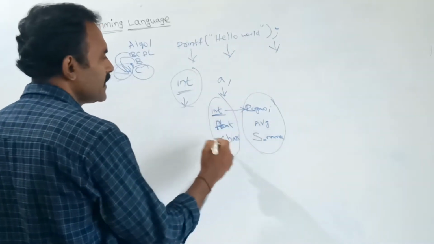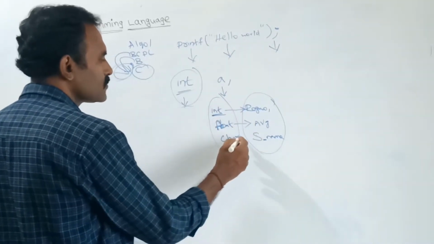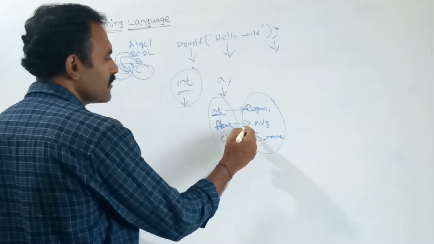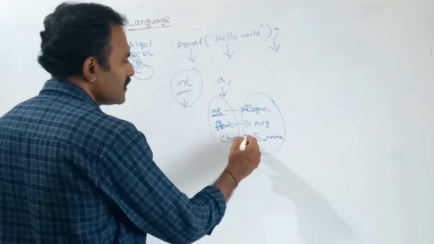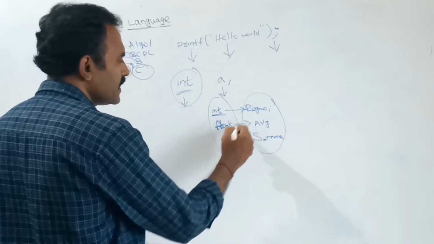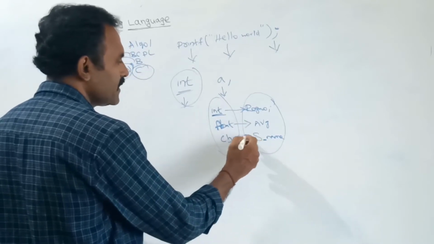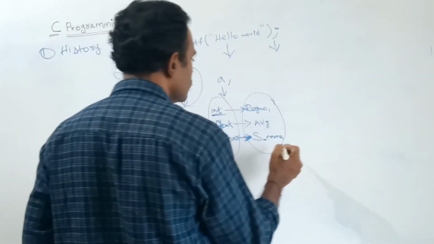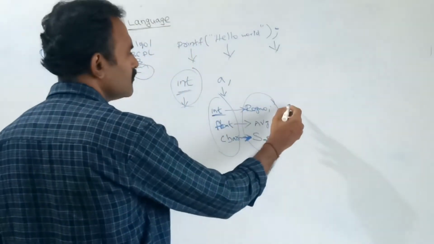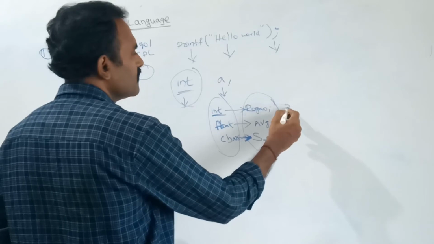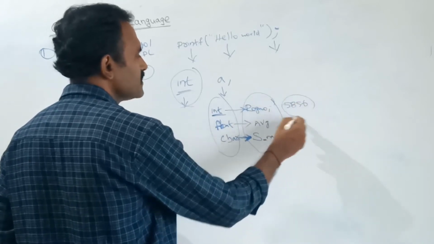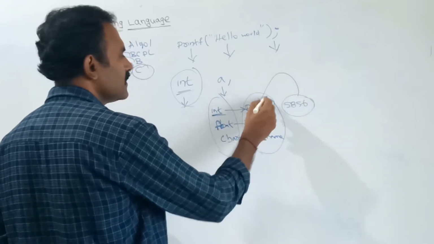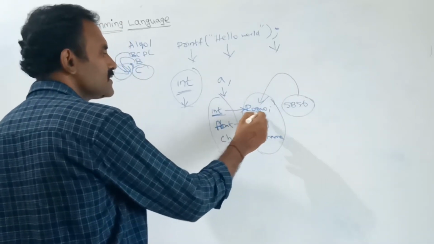In integer I can store numbers, in float I can store floating point, that is fractional numbers. Next, character, here I can store the letters, that is alphabets. Here, for example, 5856 is a register number, so this register number will be stored in the register number variable.